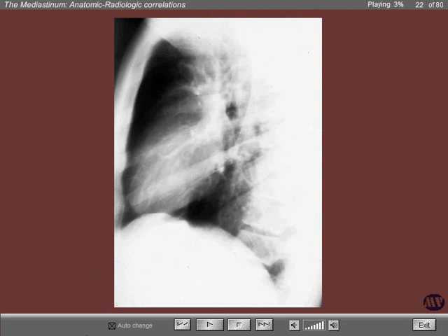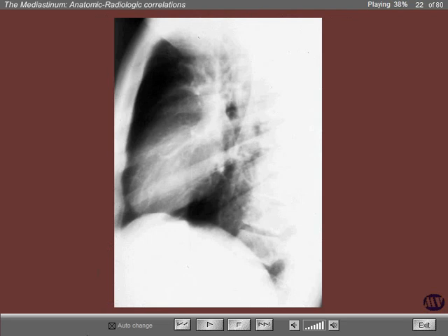There are numerous anatomic variations and pathology which makes the anterior junction line a structure that is of less importance than the pleuroesophageal line, the posterior junction line, the paraspinal lines, and others.